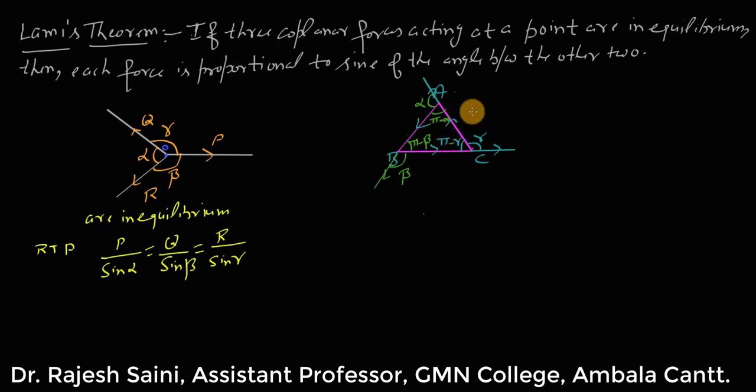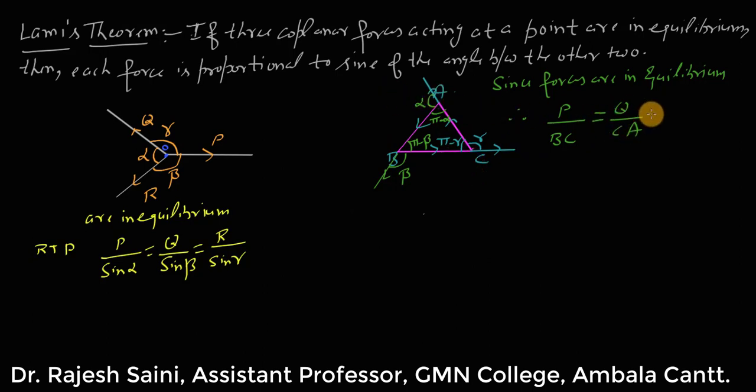So now you will write, since forces are in equilibrium, therefore forces and the sides taken parallel to the forces of the triangle are in proportion, like the force P and the side taken parallel to it BC, force Q, side taken parallel to it is CA, not AC, it is CA, R, and the side taken parallel to this one is AB.